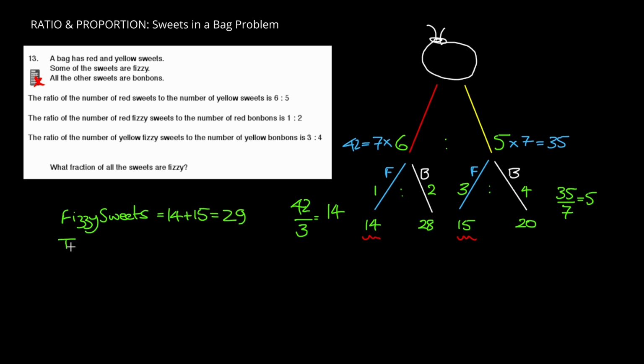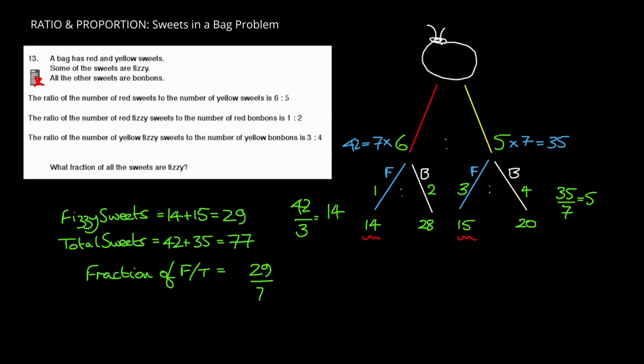Total number of sweets are equal to 42 plus 35, and that is equal to 77. So the fraction of the fizzy to the total is equal to 29 over 77. And as 29 is a prime, that is going to be your answer.